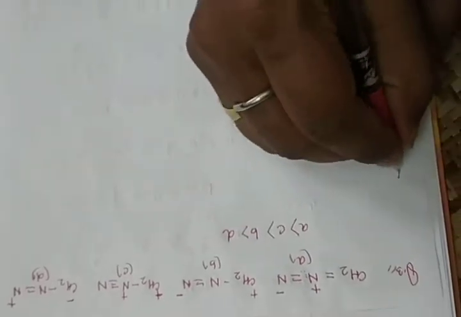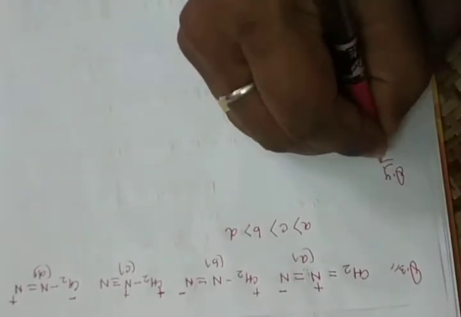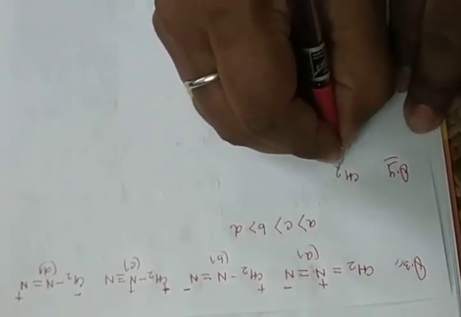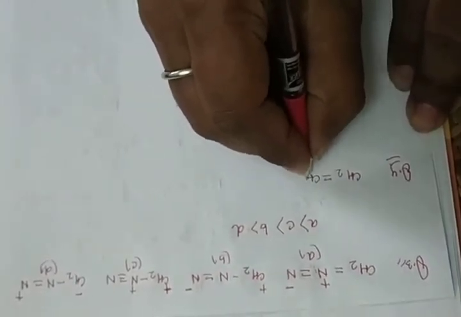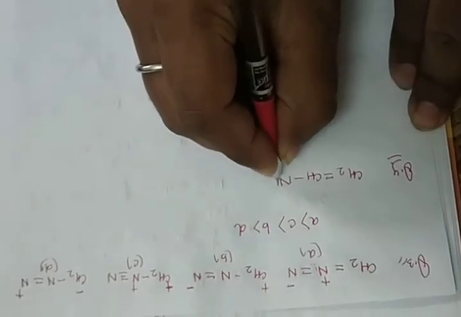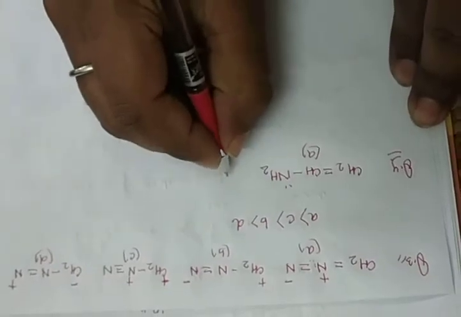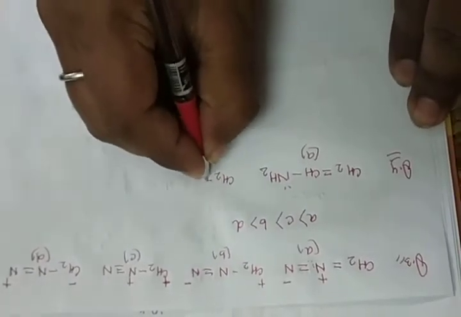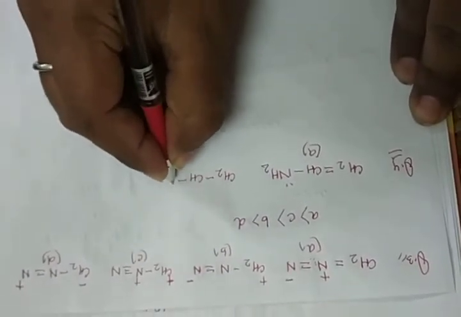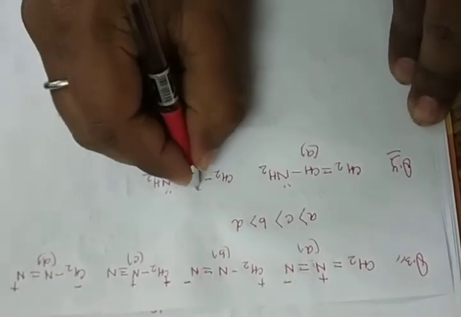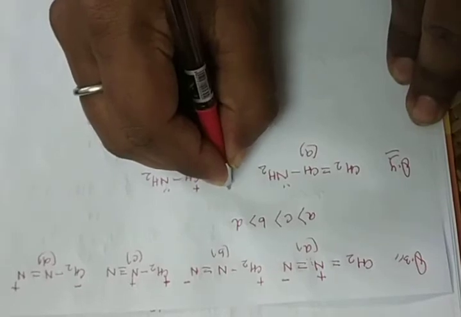Again, question number 4. This is homework. This is again your homework question. CS2 single bond CH, single bond NH2. There is a lone pair, compound A is there. CS2 single bond CH, single bond NH2, and NH2 contains a lone pair, and this carbon positive and this carbon negative.